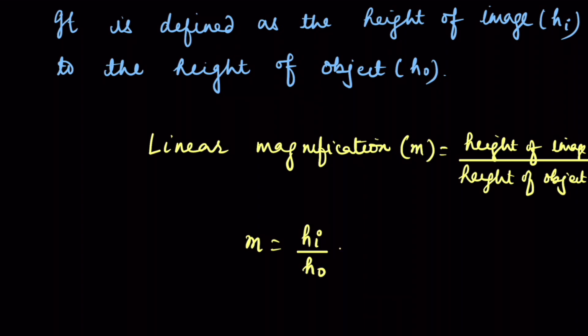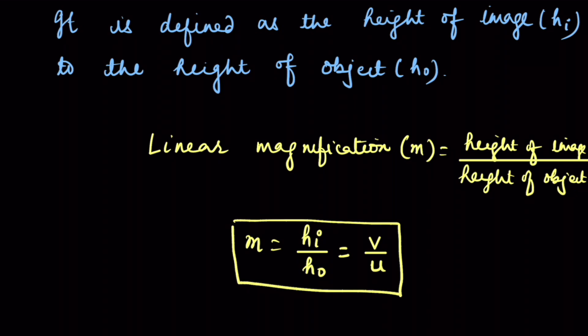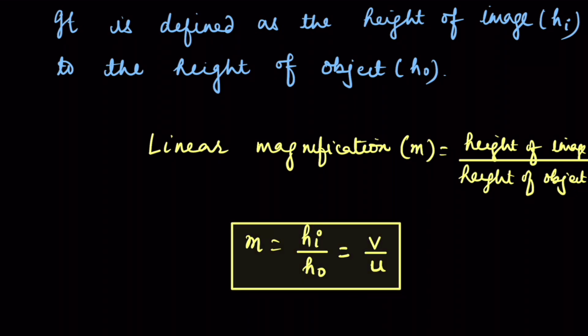This is equal to v by u. V is the distance between the image and the optical center and u is the distance between the object and the optical center. So this formula we will use for solving the numericals.